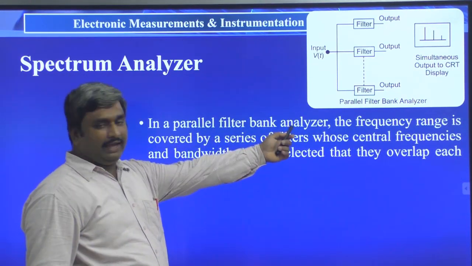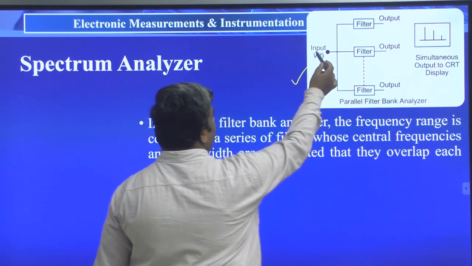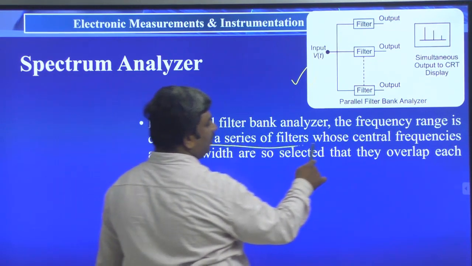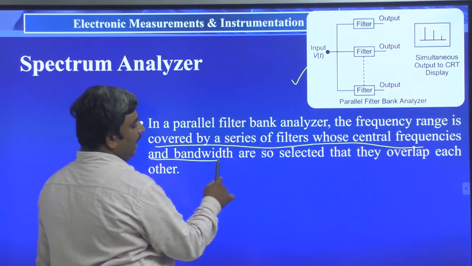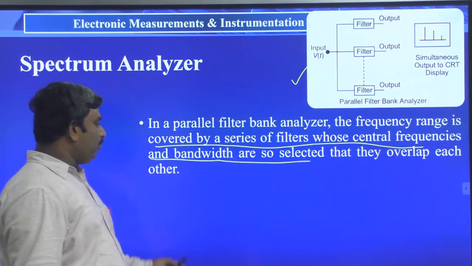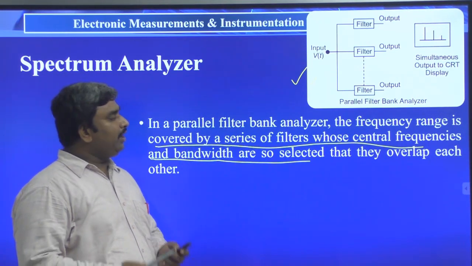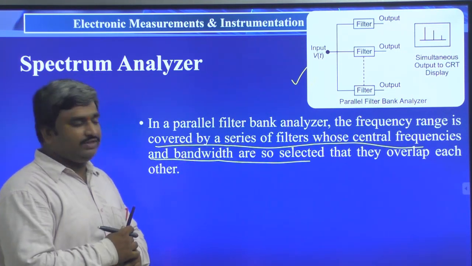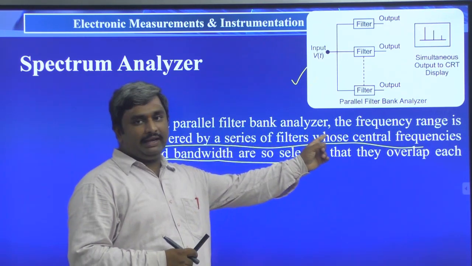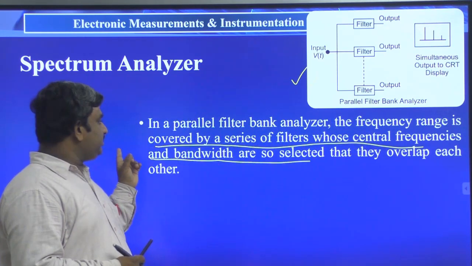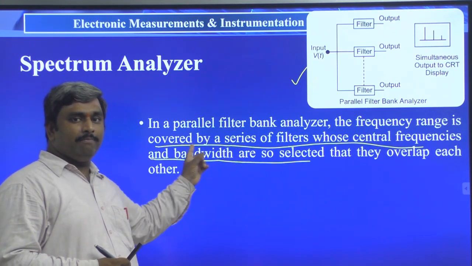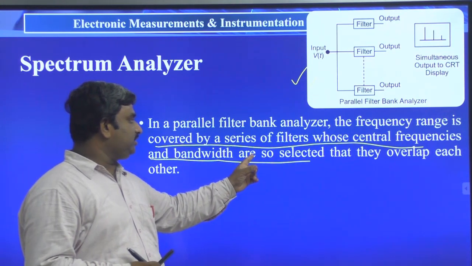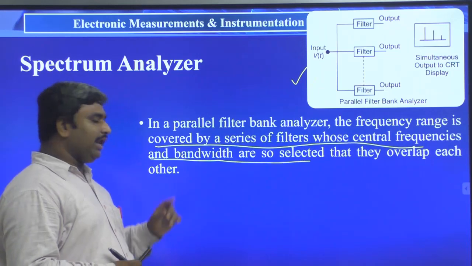In a parallel filter bank analyzer, the frequency range is covered by a series of filters whose central frequencies and bandwidths are selected so that they overlap each other.